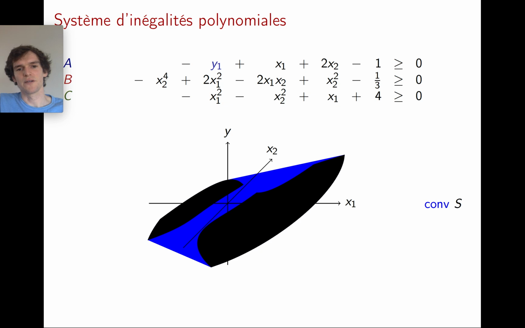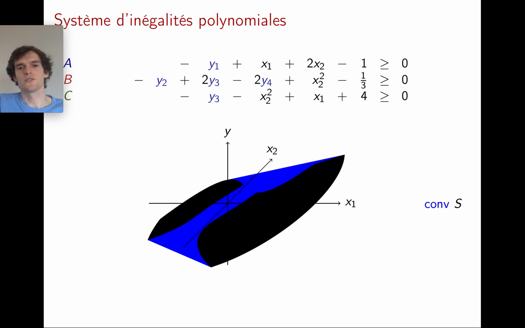And so let's do this linearization. Take the monomial x1 to the power of 3, replace it by y1, x2 to the power of 4, replace it by y2, and so on, and we just linearize the problem.